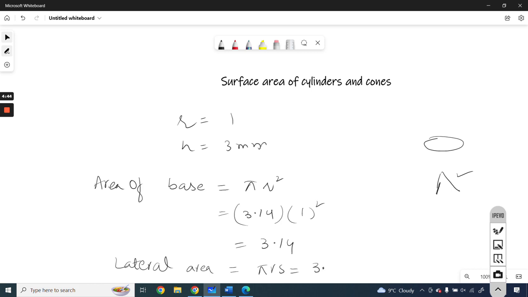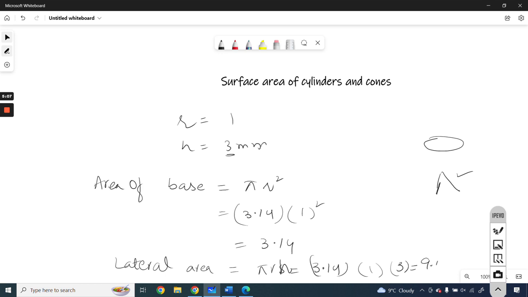So pi is 3.14, r is 1, and s, not h, it would be 3. So just calculate the values. Let me just use the calculator. 3.14 times 3, it is 9.42. Got it?